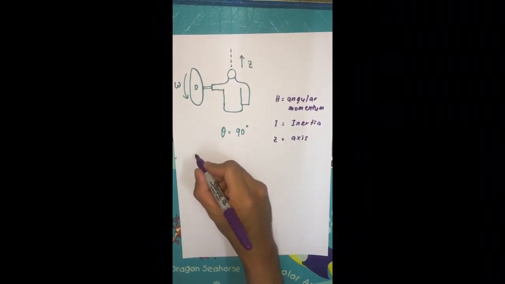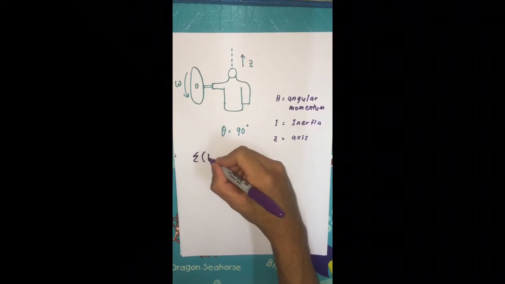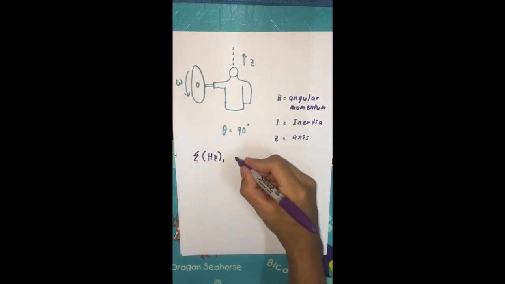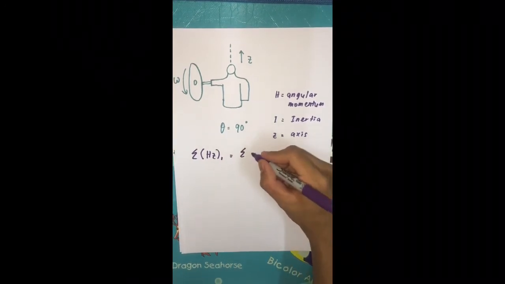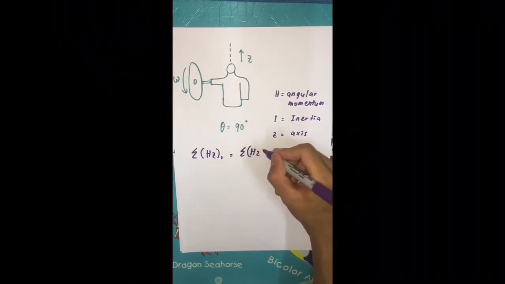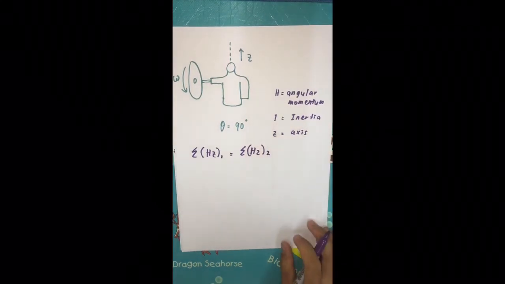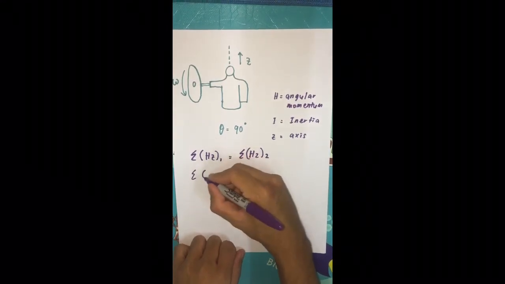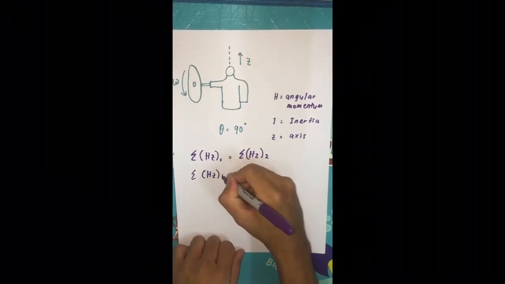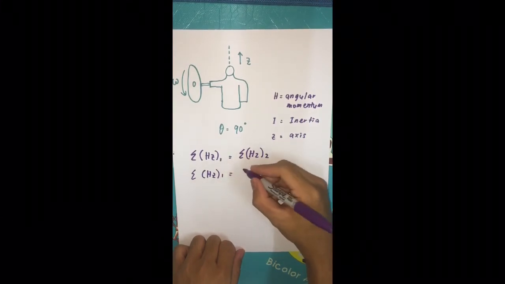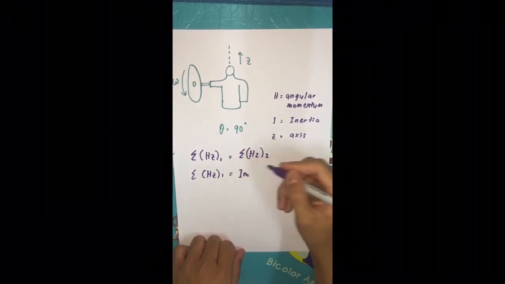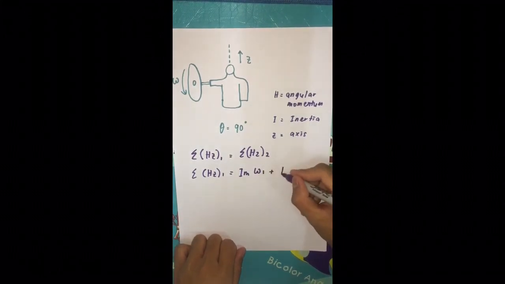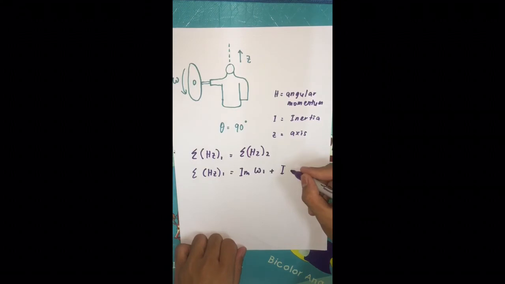So the summation of HZ1 equals the summation of HZ2. Summation HZ1 equals Im omega 1 plus I_w omega 1.